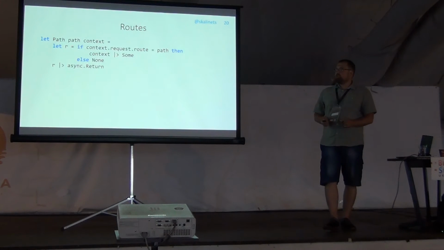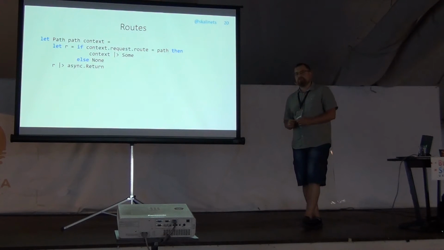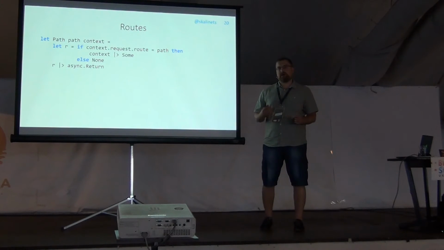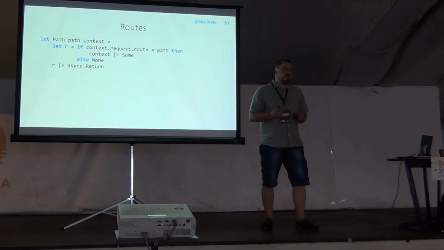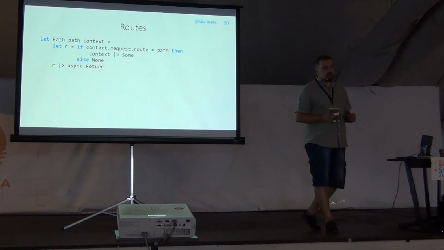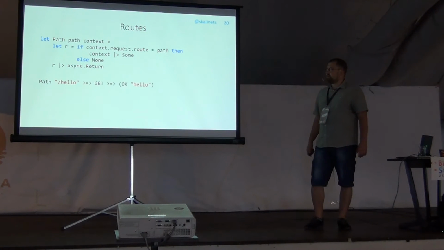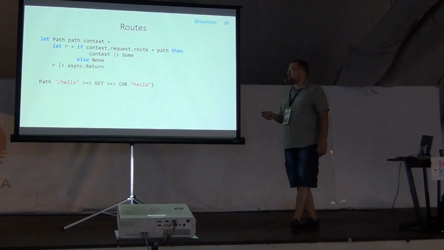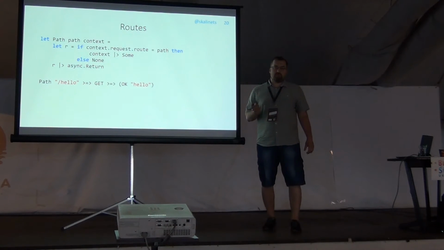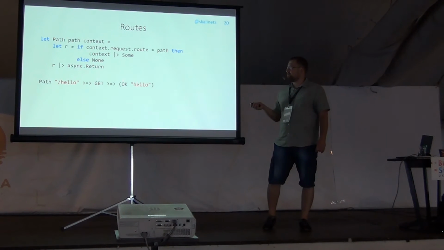And also we can use the same technique to match on different routes. So for example, we would like to match whether our URL contains hello and do something. So we are using almost the same code, but we are checking not the verb, but the route.